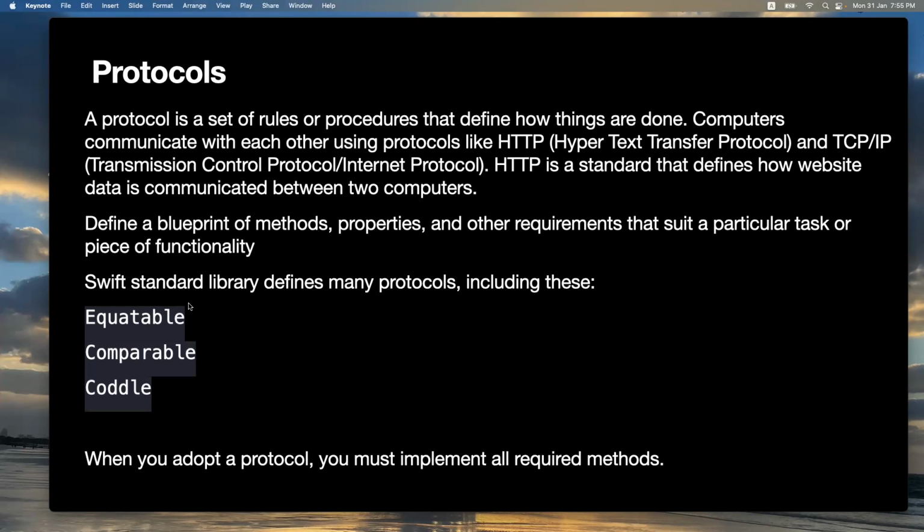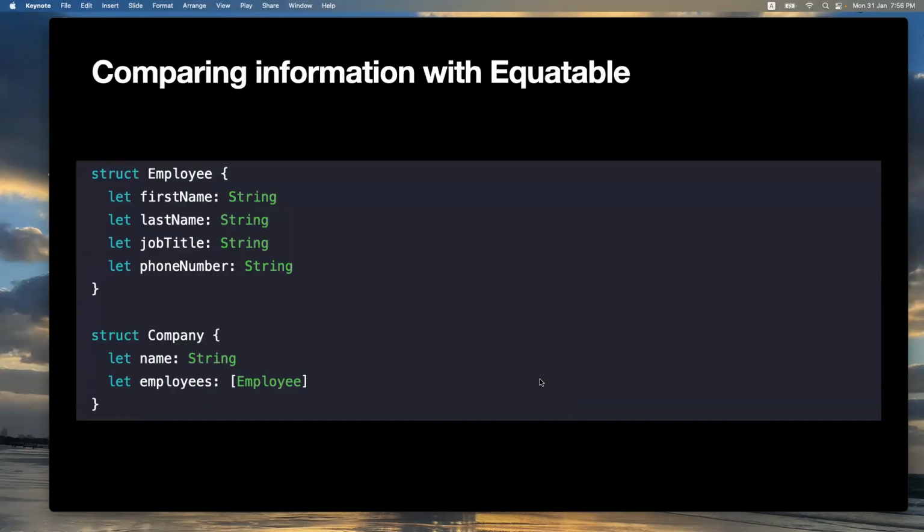These are in the standard library, and these are Equatable, Comparable, and Codable. Okay, and Codable is missing here, we'll talk about it in a minute. But when you adopt a particular protocol, you must implement all the required methods that are defined in the protocol. So let's get started.